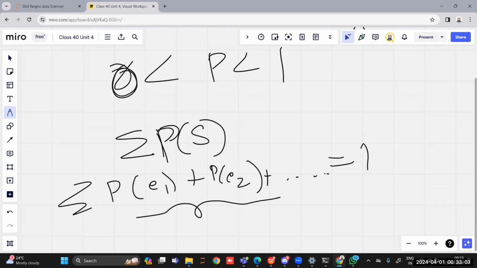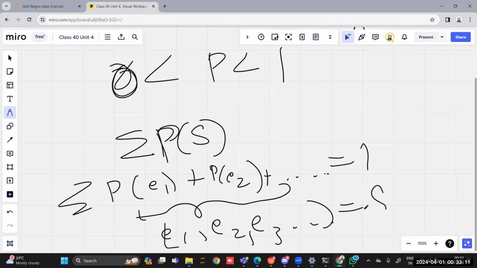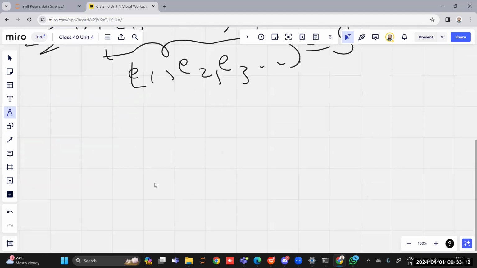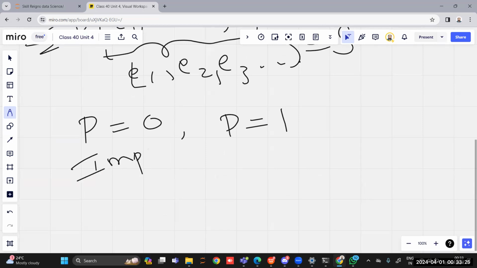All the elements E1, E2, E3 and so on must together be equal to the sample space. You know that an event whose probability is 0 is called an impossible event, and an event whose probability is 1 is called a sure event. This is impossible, and this was sure.